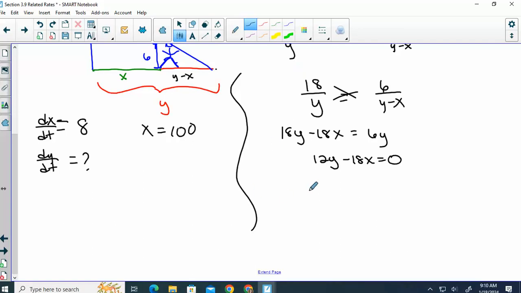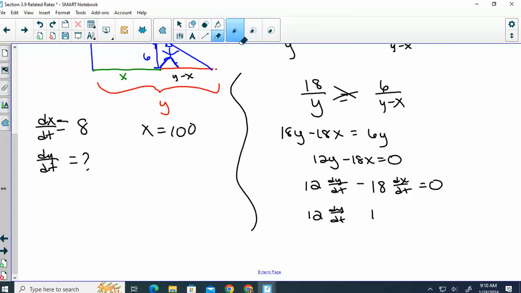What would be the derivative of 12y, minus the derivative of 18x, equals 0. I don't know my dy/dt. dx/dt is 8.